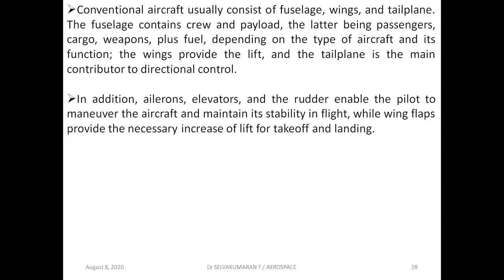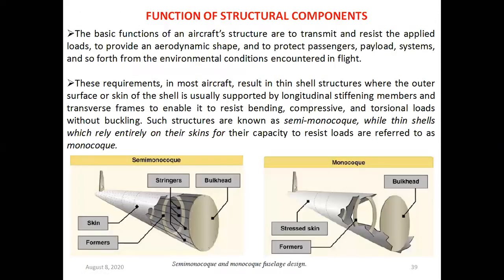In addition, ailerons, elevators, and rudder enable the pilot to maneuver the aircraft and maintain its stability in flight, while wing flaps provide necessary increase of lift for takeoff and landing.